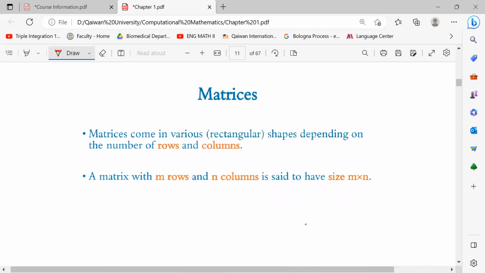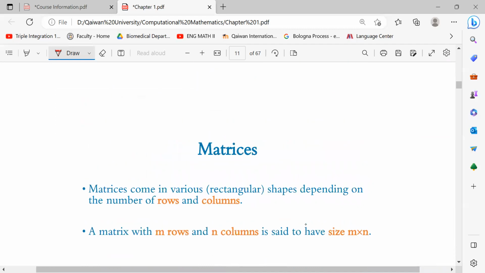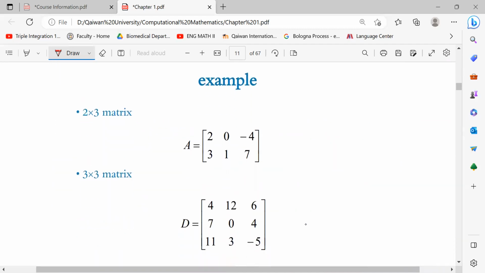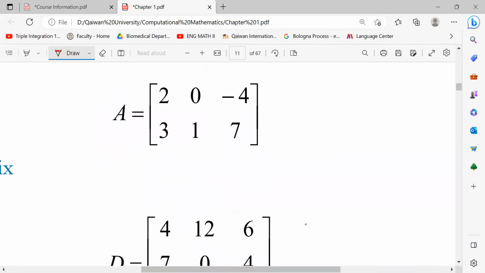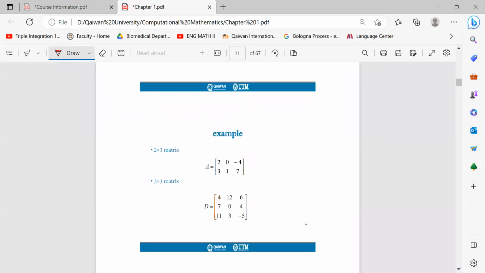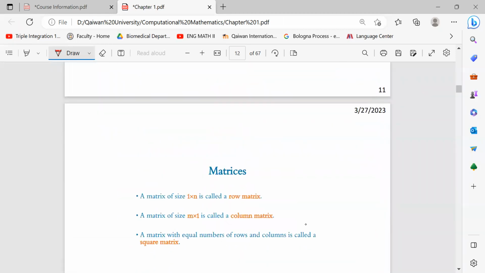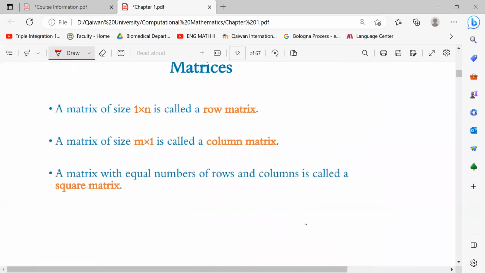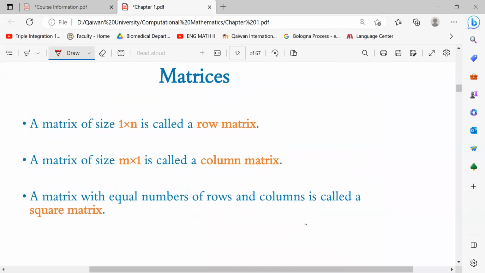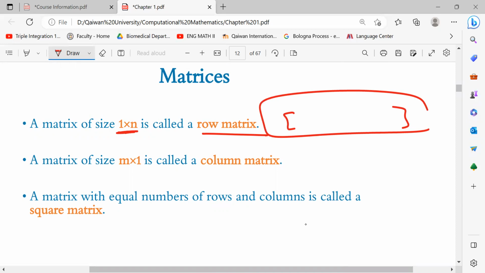Yeah, that's what we talked about before. Size of matrices, rows, and columns. We talked about these, and these are the size of matrices. This is what we talked about in the previous slide. We said if it's 1 by n, it is a row matrix. It is in this form.